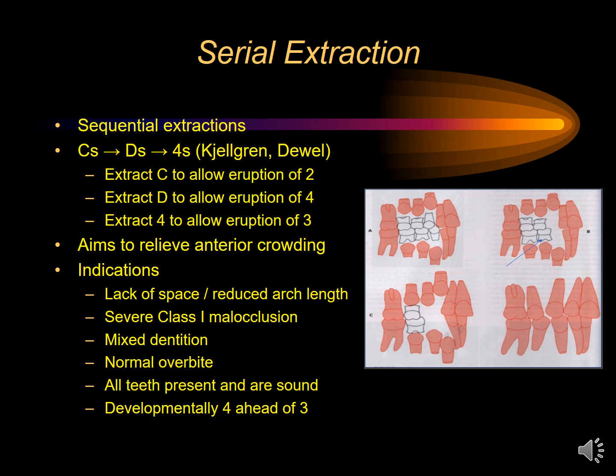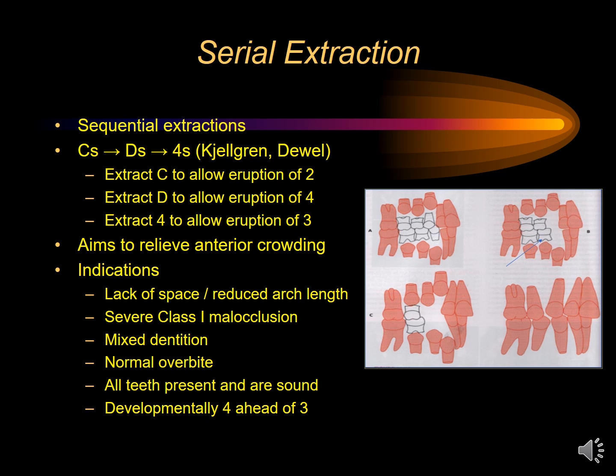First, the C is extracted at the first stage to allow eruption of the permanent lateral incisors. Subsequently, the first deciduous molars, or Ds, are extracted to allow eruption of the first premolars. And at the last stage, the first premolars are extracted to allow eruption of the permanent canines.